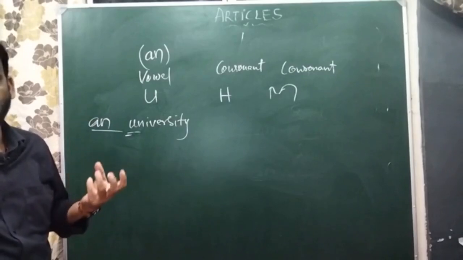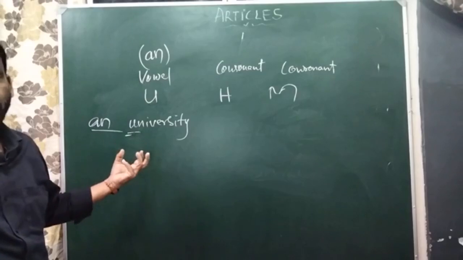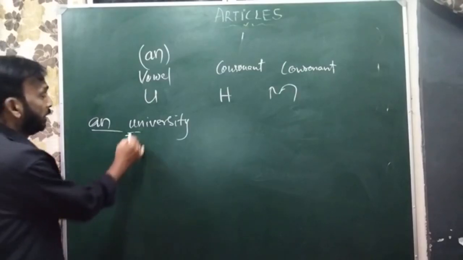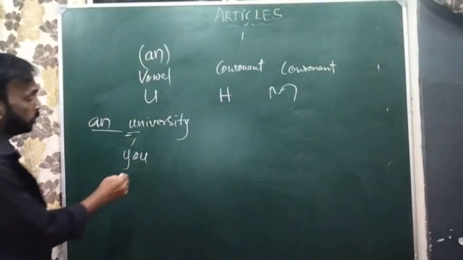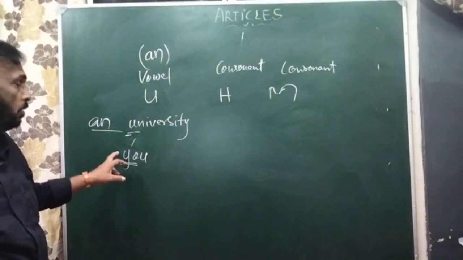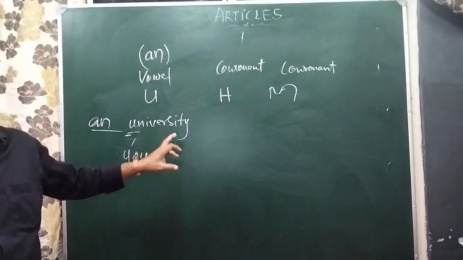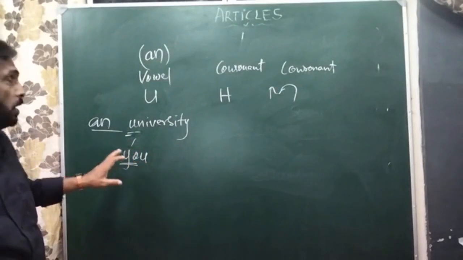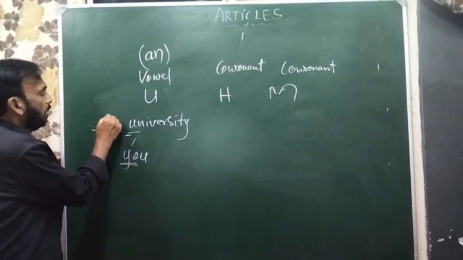Here U, if you write it in the long form, is Y-O-U. So it is producing the sound of Y, not U. Y is a consonant, so you should not write an here. You should use a university.